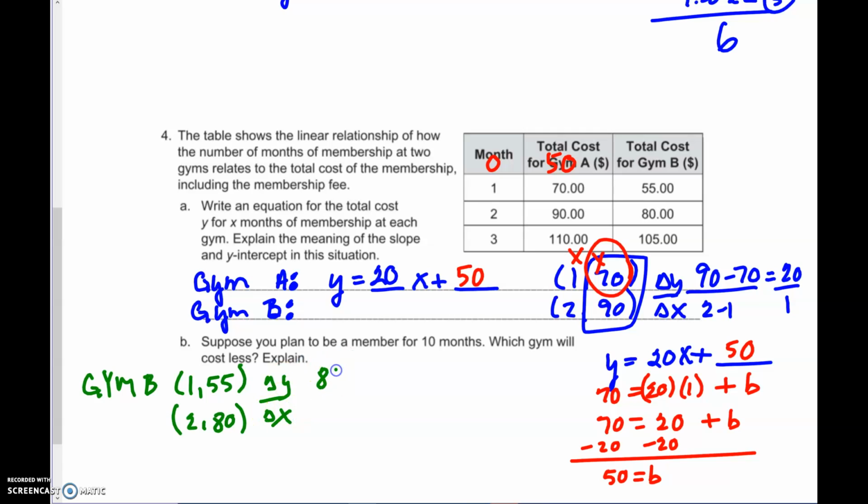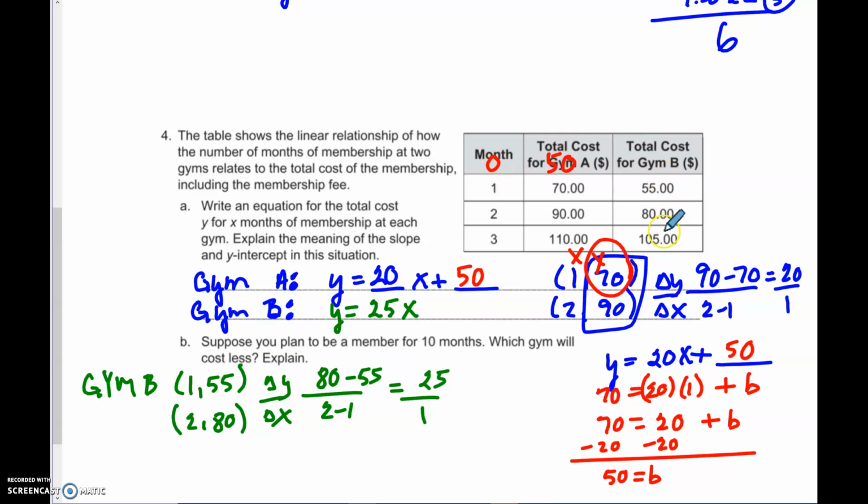So I have 80 minus 55, and I have 2 minus 1. So what is 80 minus 55? I think we get 25 over 1. So we get this equation to be y equals 25x. Now we could plug in like I did in here in the red, or we know that if we find the next number here in this pattern, I will get this.